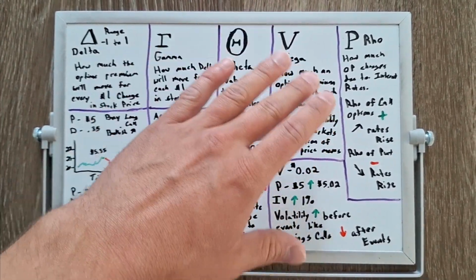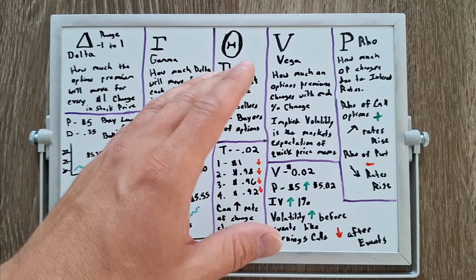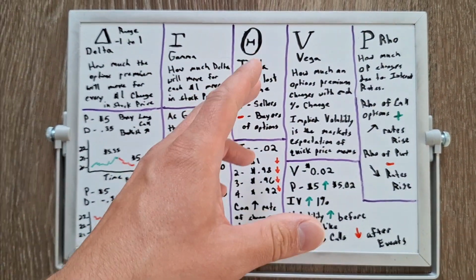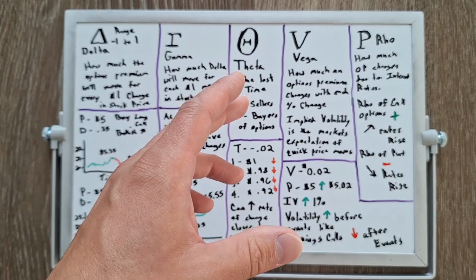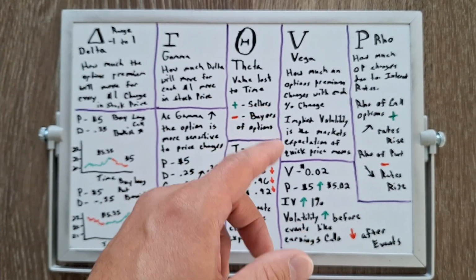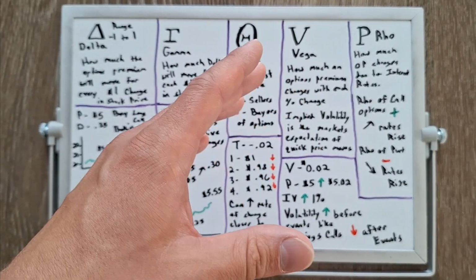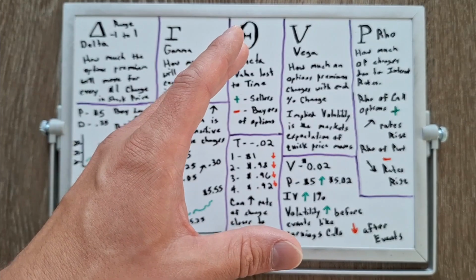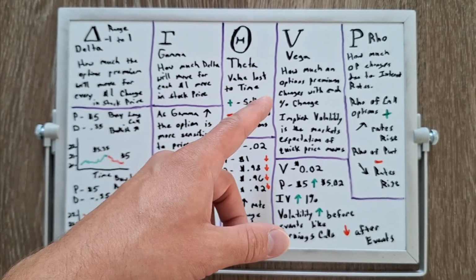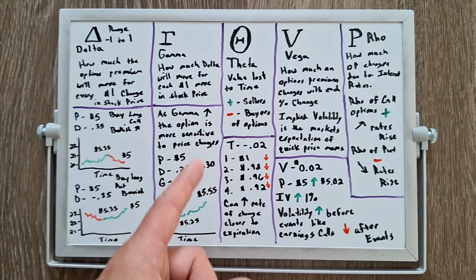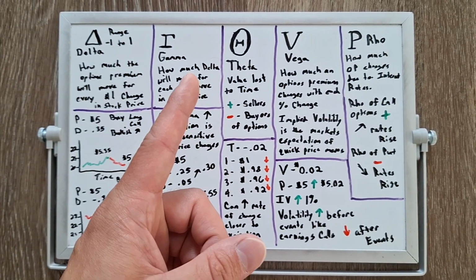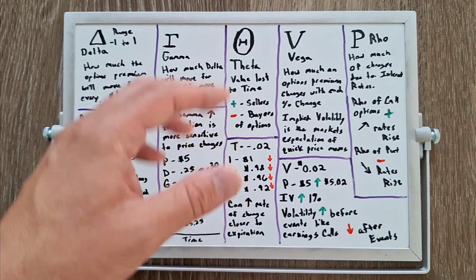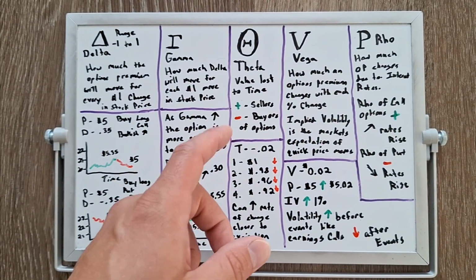This is very speculative, but usually there will be implied volatility before earnings calls, and the market will determine, okay, I think there's going to be some crazy price movements because earnings are going to be really bad, or earnings are going to be really good, so the stock price is going to shoot to the moon, or the earnings call is going to be way worse than expected and the price is just going to drop like a rock.